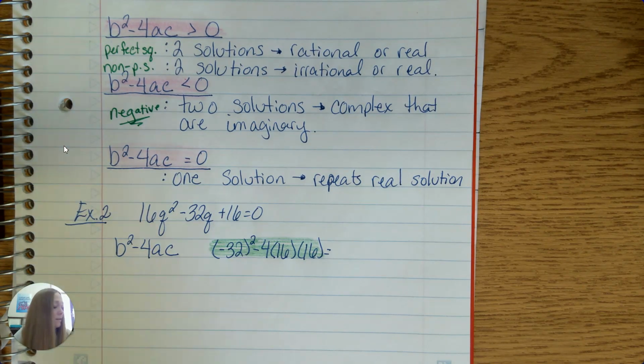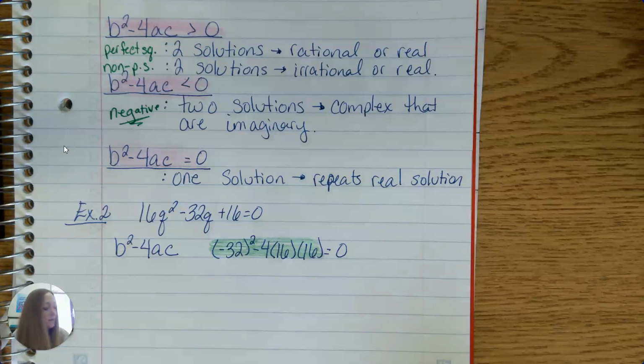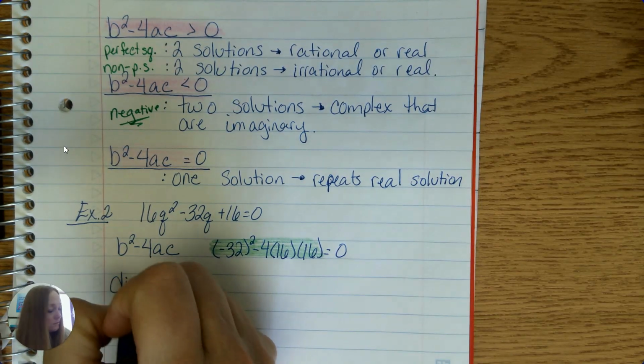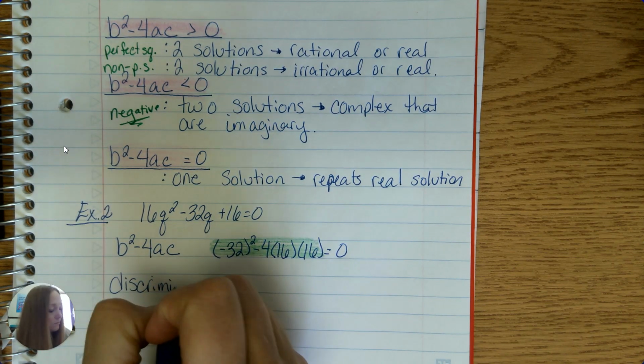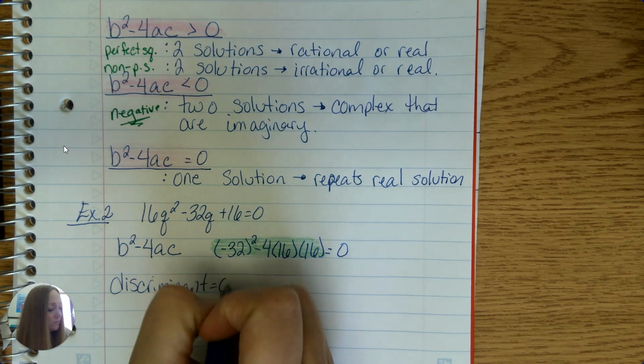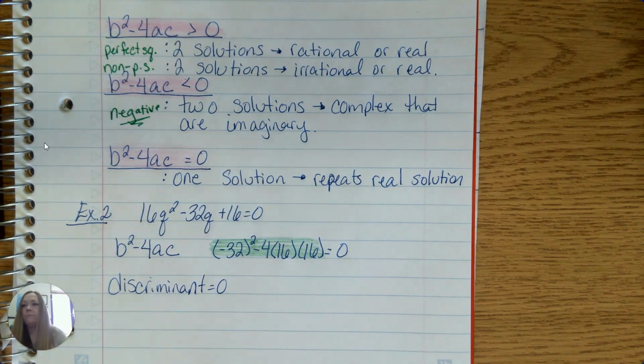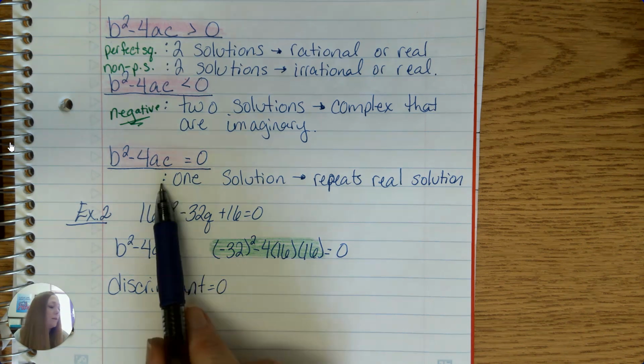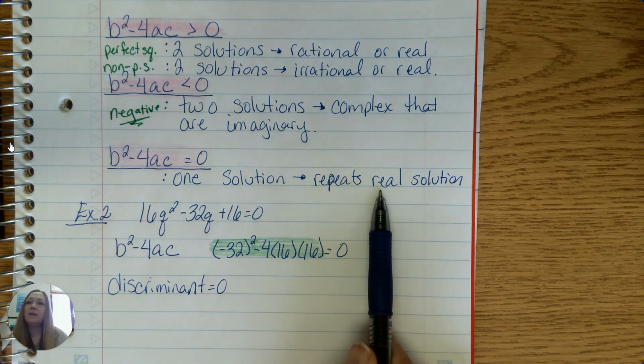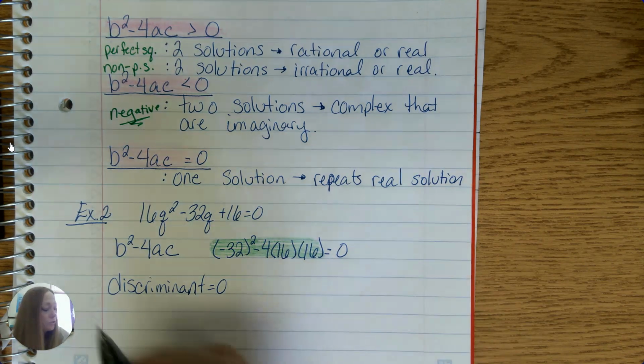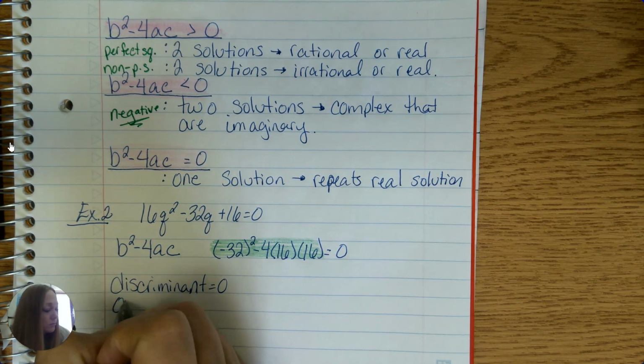So I can say the discriminant for this problem is 0. Okay, well, what does that mean? If it's equal to 0, that means I have one solution. It would be a repeated real solution.